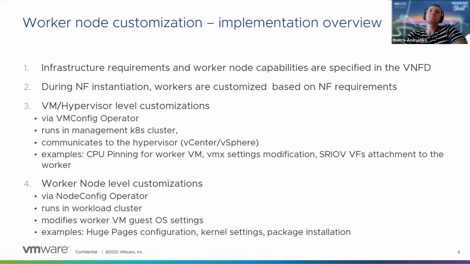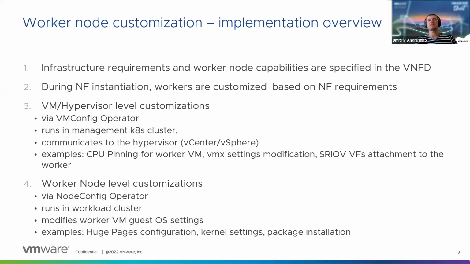So how is it implemented? Basically, if you look at all the possible customizations which are typically required for the Kubernetes worker node, we can split them into two large buckets. The first bucket is all the changes to the worker which are required at the VM level settings.